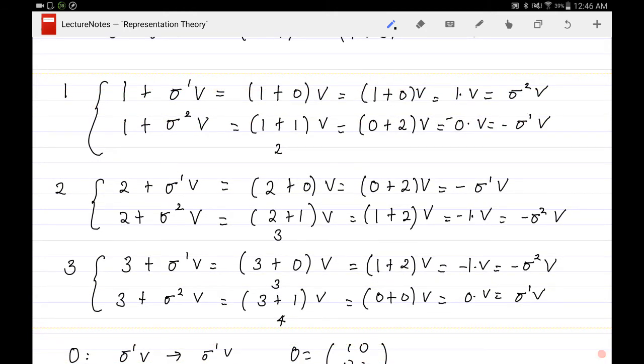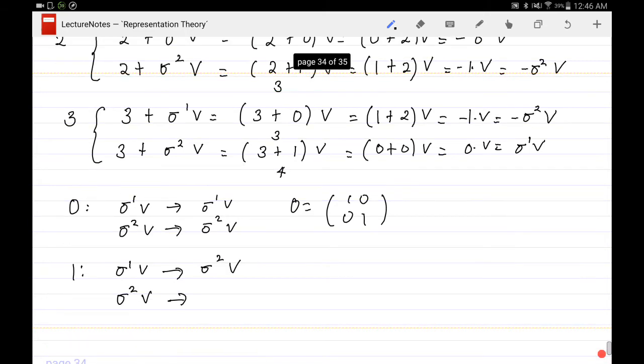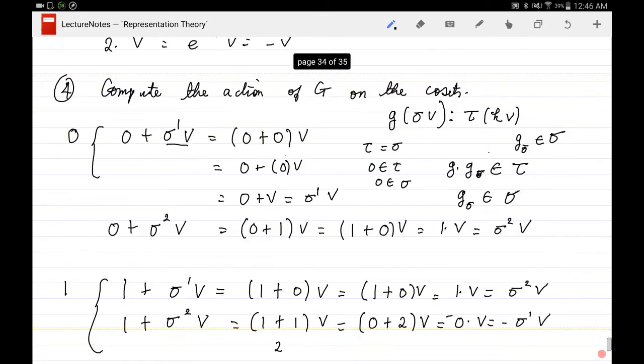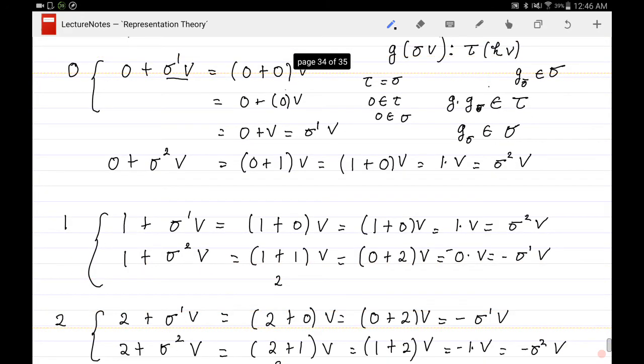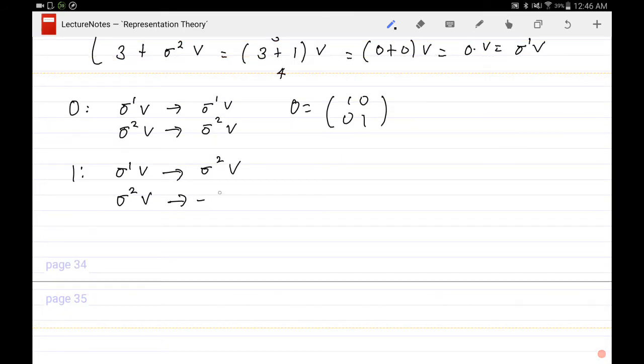It took it to sigma 2 V. And it took sigma 2 V to minus sigma 1 V. And so 1 is 0, 1.